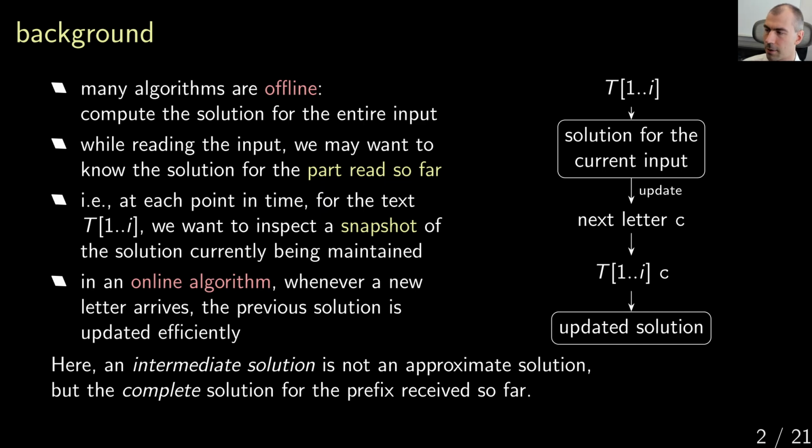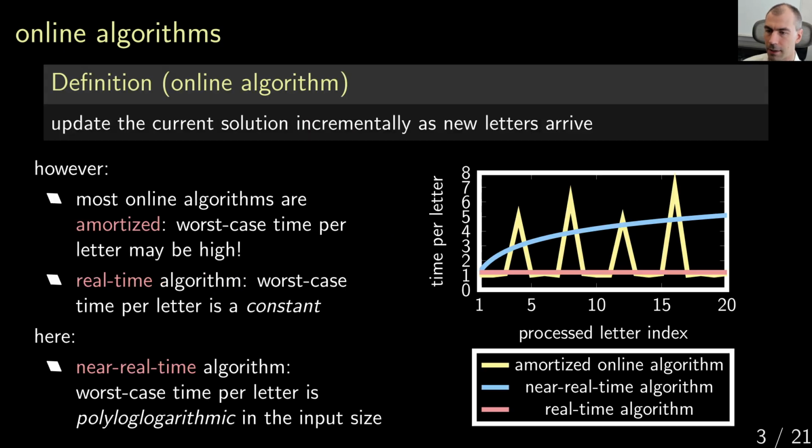So you want to have a snapshot of the solution for each prefix, but of course this snapshot does not mean that you want an approximate solution, but a complete solution for the prefix read so far. And this is what an online algorithm is all about, where we want to update incrementally the solution whenever a new letter arrives.